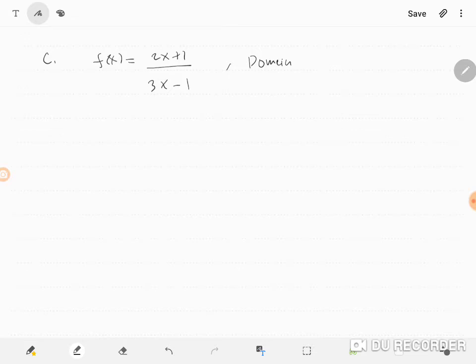So domain means the denominator not equals to 0. So 3x minus 1 not equals to 0, 3x equals to 1, x equals to 1 over 3.